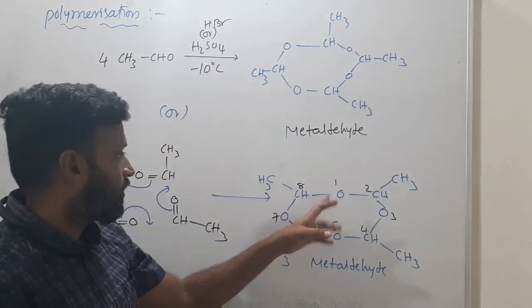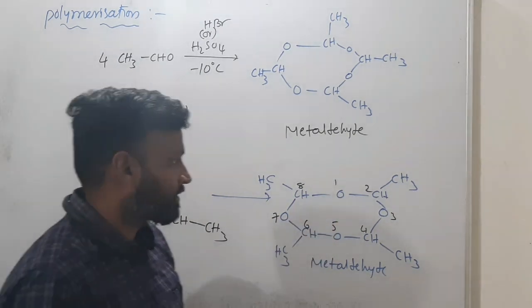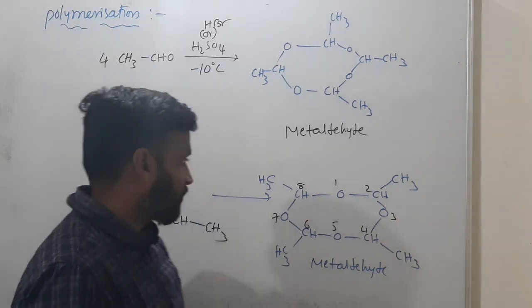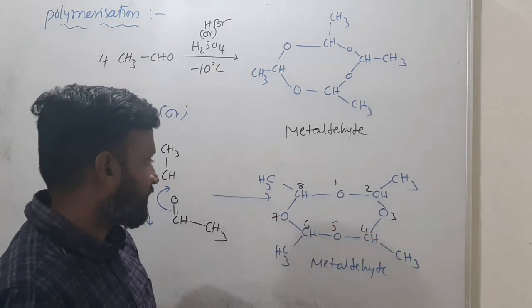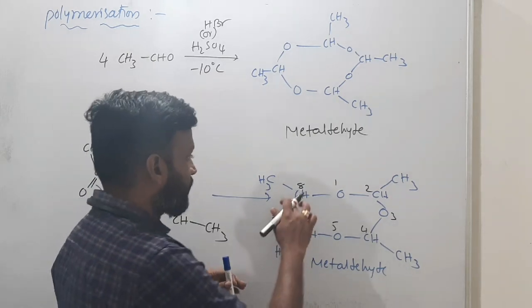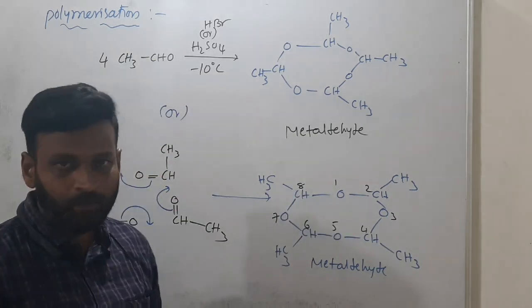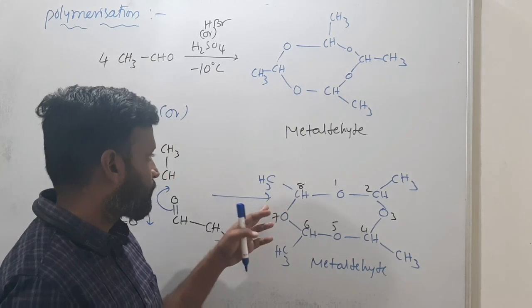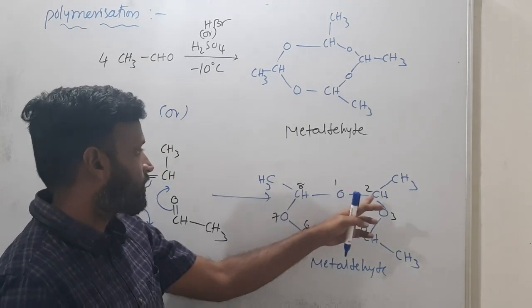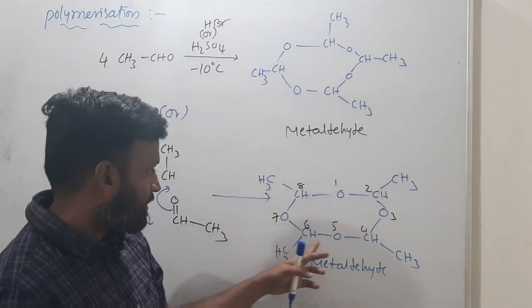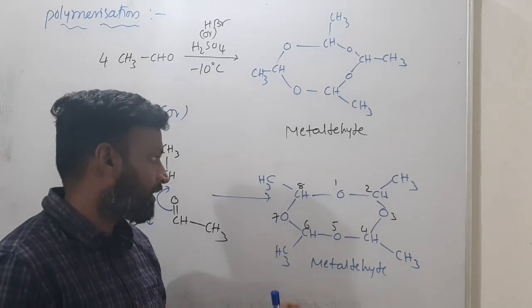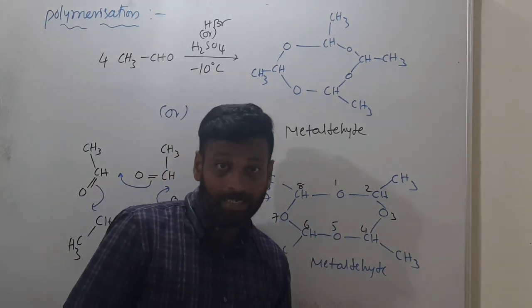So you have 1, 3, 5, 7 for the oxygens. Then for the methyl groups, what positions? You can say 2, 4, 6 and 8 tetramethyl, tetraoxide, like that.